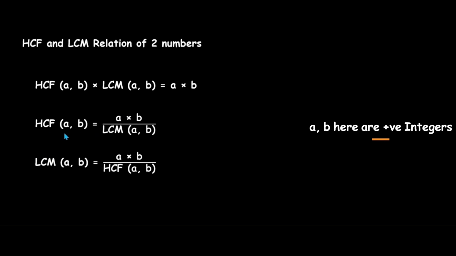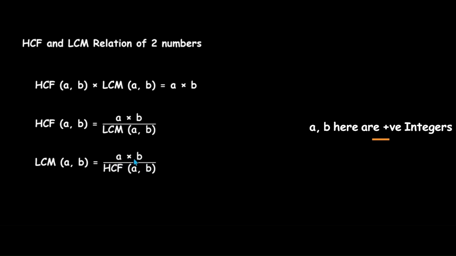And we did say that if A and B are co-prime numbers, its HCF would be 1. And similarly, when A and B are two co-prime numbers, HCF would be 1. So A times B or A into B divided by 1 is equal to LCM. And we did say that LCM of those two numbers, especially when they are co-primes, is equal to the product of those two numbers.